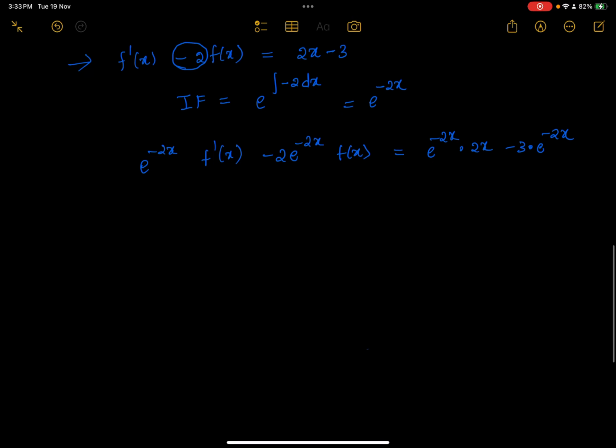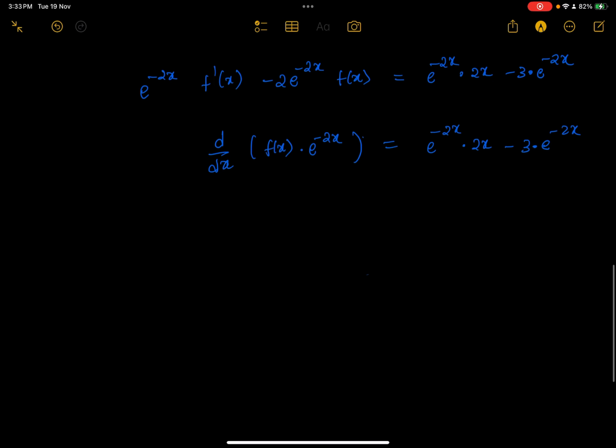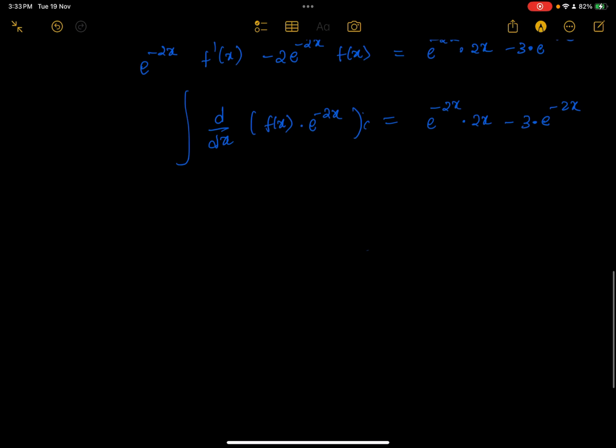The left side is d by dx of f of x into e to the power minus 2x, and the right side will come as it is. Integrate on both sides with respect to x.